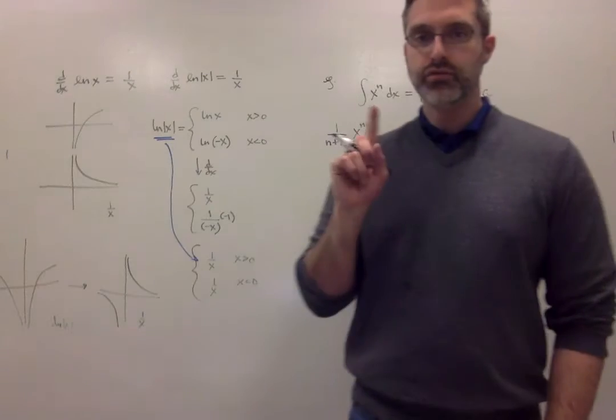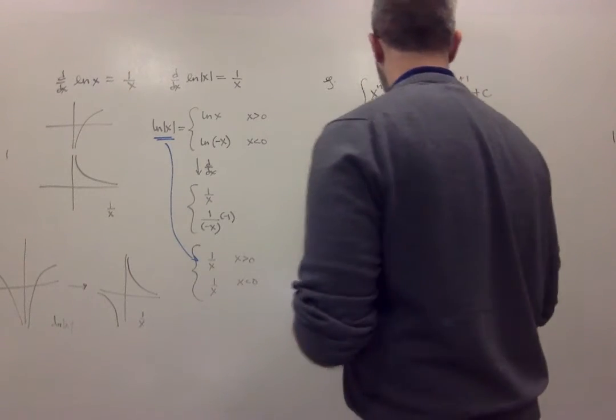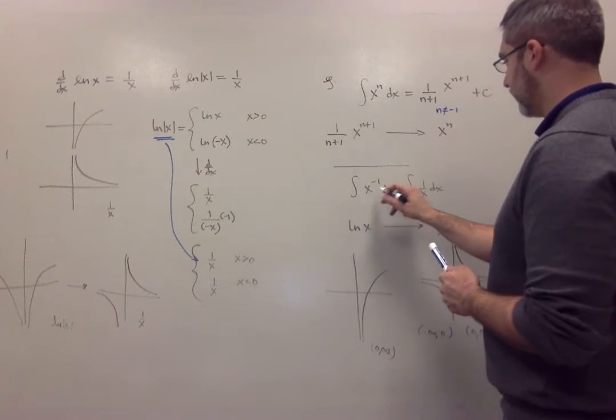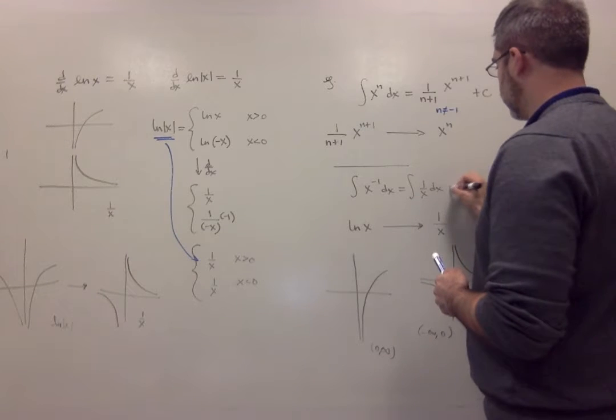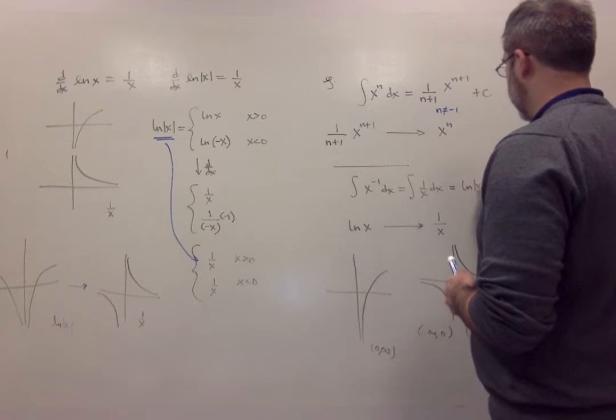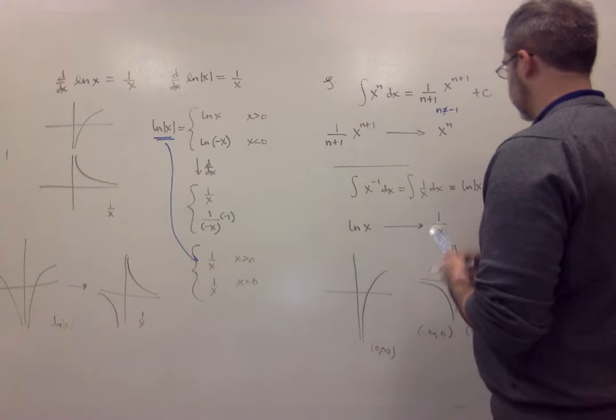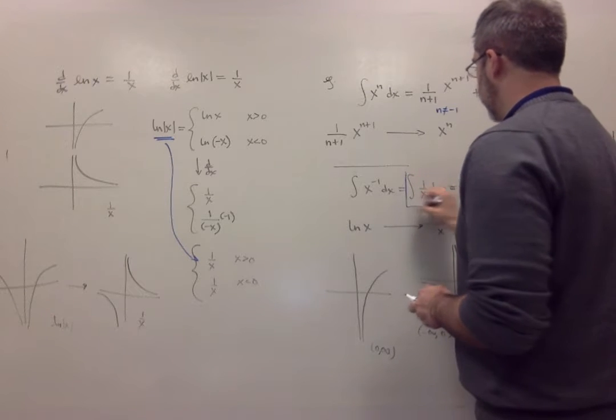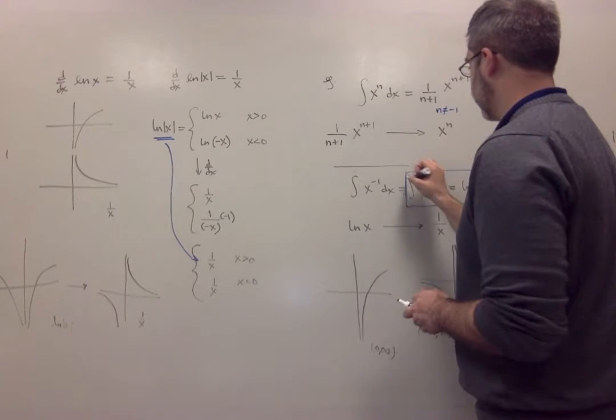Okay? So the rule here is that the antiderivative of 1 over x is the natural log of the absolute value of x plus a constant. We want the most general antiderivative in this case.